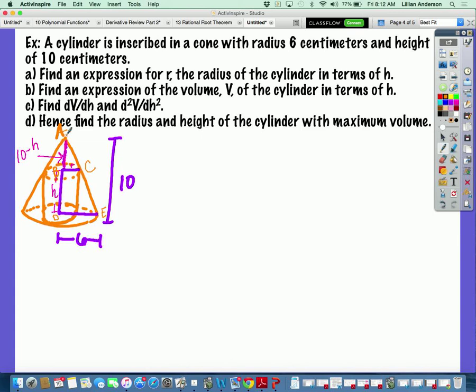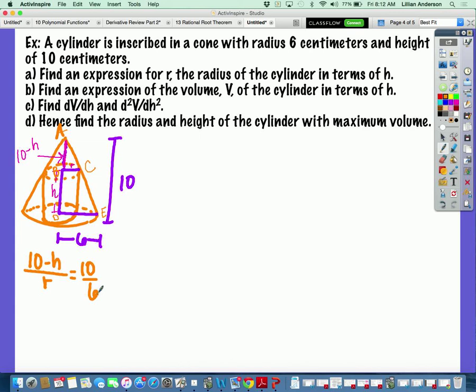Okay? So ABC and ADE, they're similar, which means that they're proportional to each other. So 10 over 10 minus h equals r over 6. Okay? So again, ABC and ADE are similar to each other. So then I can actually use that to help me figure out an equation for my radius.